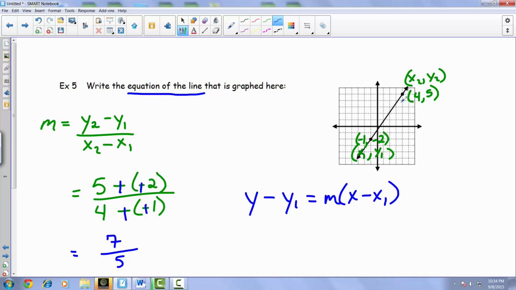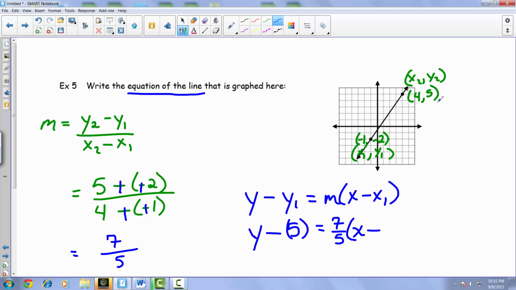Let's go ahead and maybe go with this 4, 5. So we end up then with y. The first guy is arbitrary. We're going to leave him as just a regular y. Minus our y1. Well, in this case, it's 5. Equals our slope, m, which is 7/5, times our arbitrary x minus our x1.